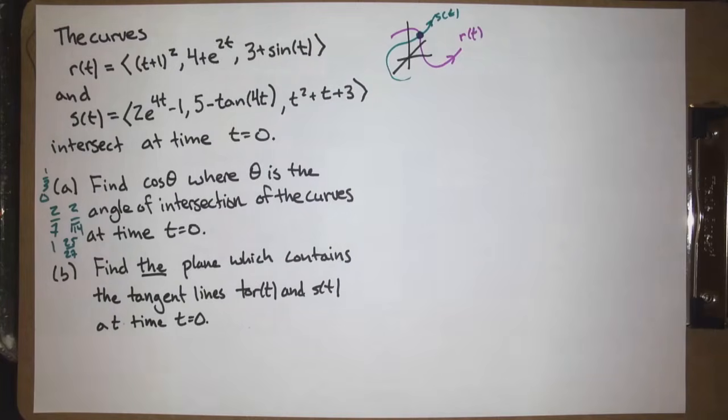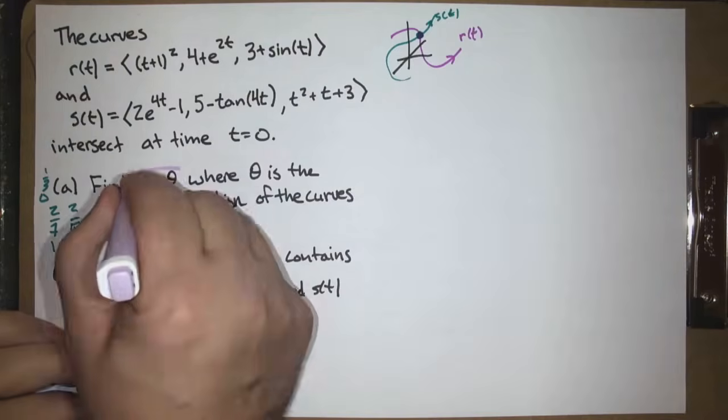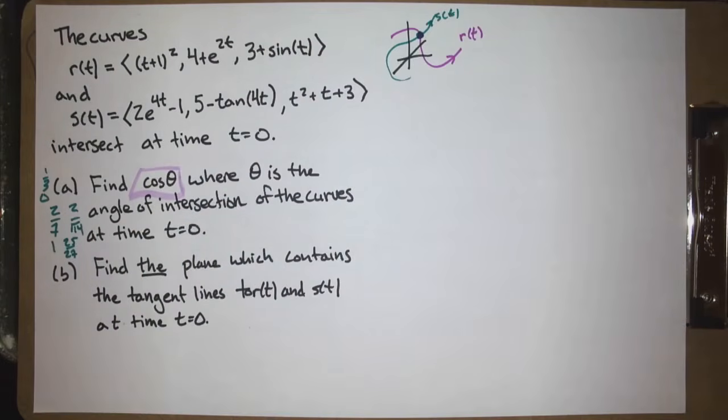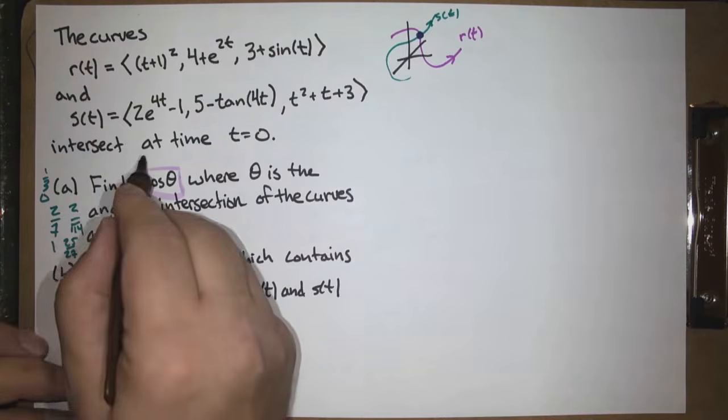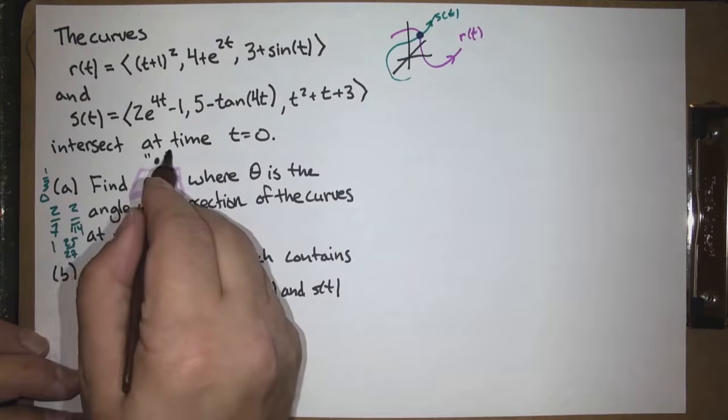Now, okay, so the question, find cosine theta. Now, when we see cosine theta, what do we think? Yeah, we're thinking dot product. So this is a big clue that there's going to be a dot product involved.